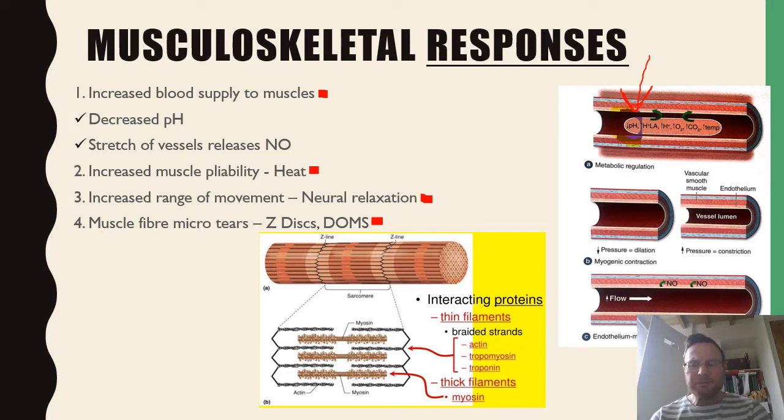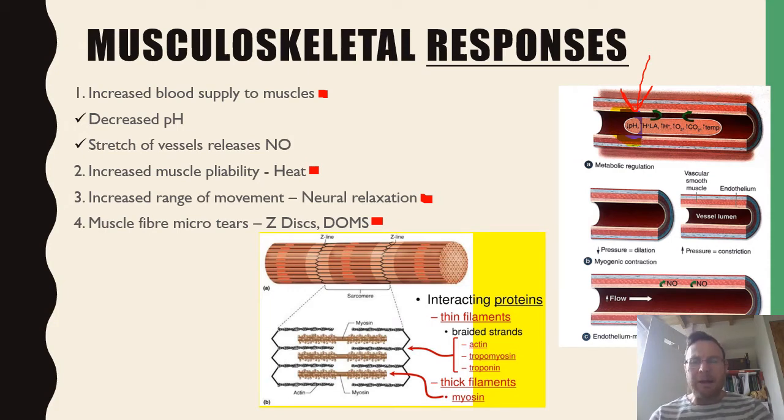So when we start exercising, particularly when we start warming up, let's say we're going for a jog, our muscles in our legs start to be used. As a byproduct of that contraction, we get released what are called metabolites into the bloodstream at those muscles that are being used. It causes the blood vessels to relax, so it allows blood flow to increase into them.